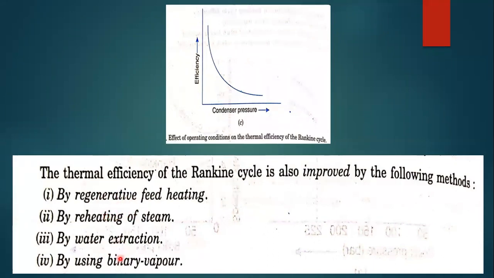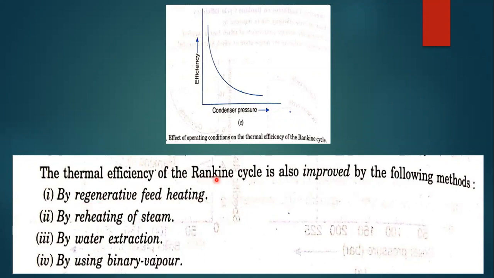The other two processes are also useful to improve the efficiency of the Rankine cycle, but they are not that much preferred. Only these two are going to be preferred, so we will go in depth on these two methods, and for the others we will just know the name of the process.